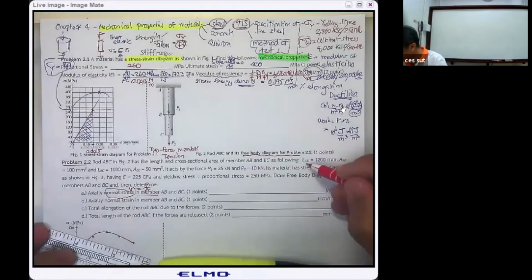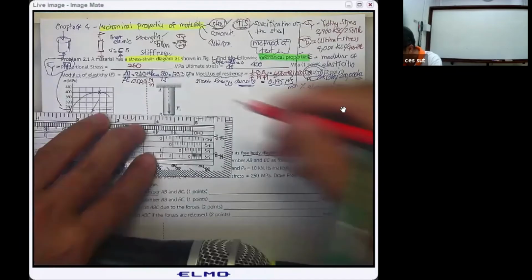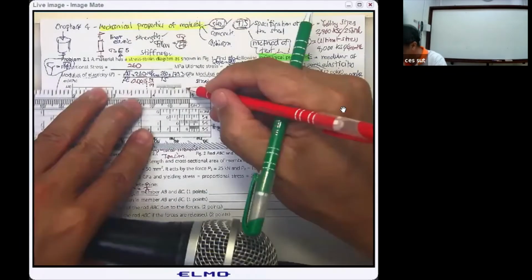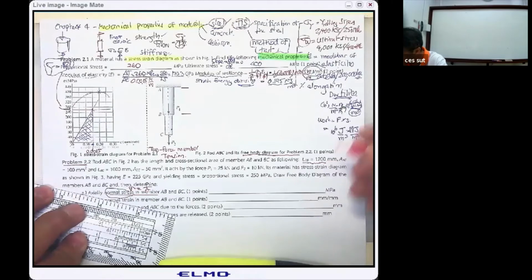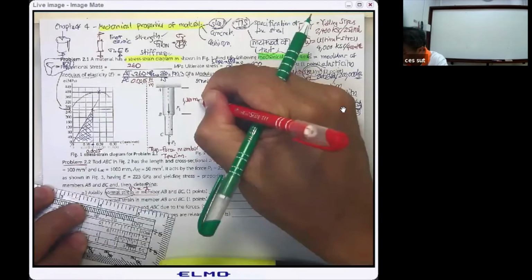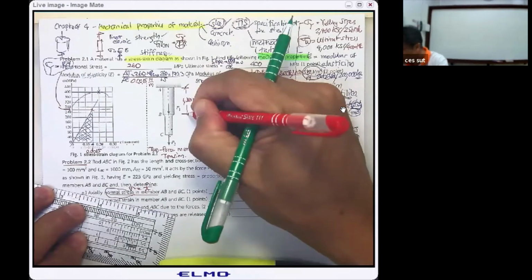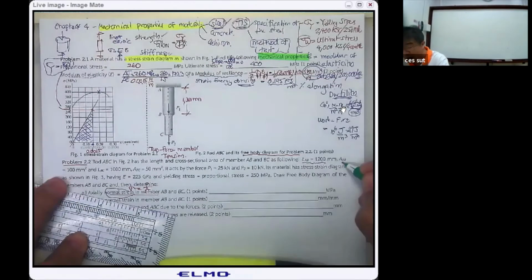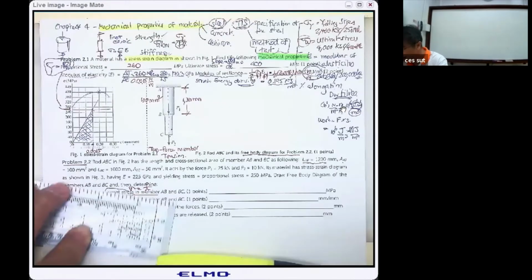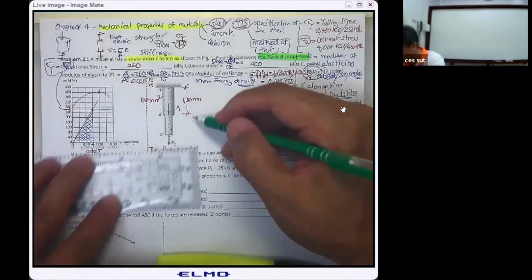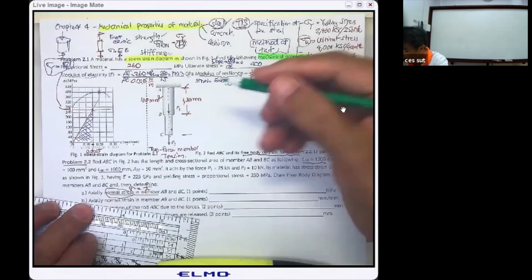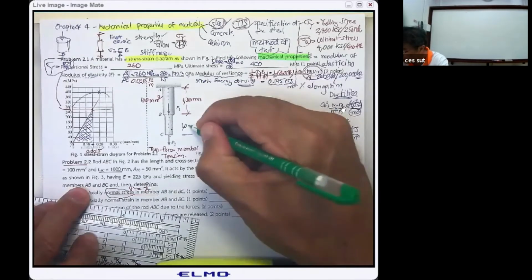So the structure has the length of AB, that is going to be the length here of 1,200 millimeter. And then AB has the area of 100 square millimeter. The length of BC, measured from here to here, is going to be 1,000 millimeter.